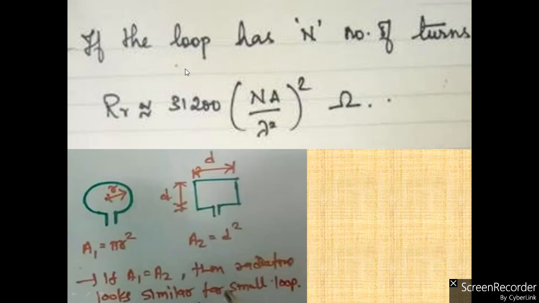If a particular circular loop has only a single turn, then capital N equals 1. If it has more loops, we use this formula: the radiation resistance of N turns is 31,200 multiplied by (N into A by lambda square) the whole square, in ohms. This is how we calculate the radiation resistance of the loop antenna with N turns.